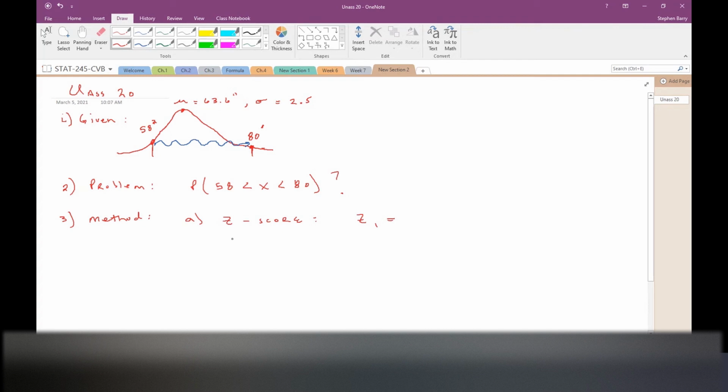The z-score is your value minus the average, over the standard deviation. So 80, and z-score 2.